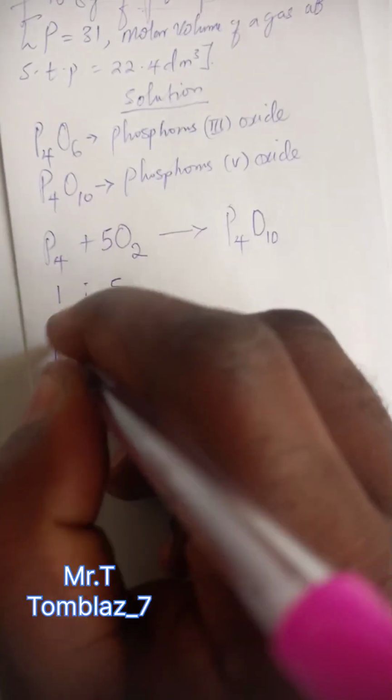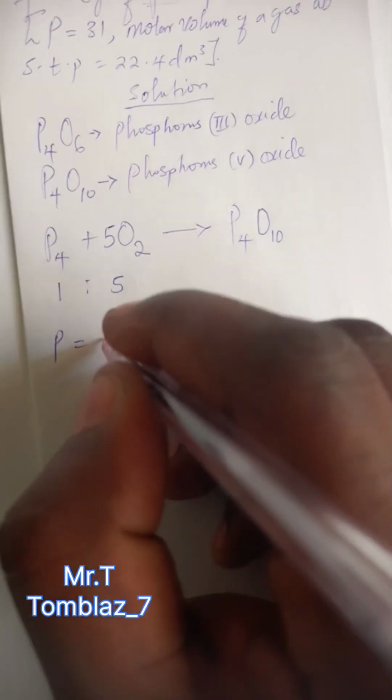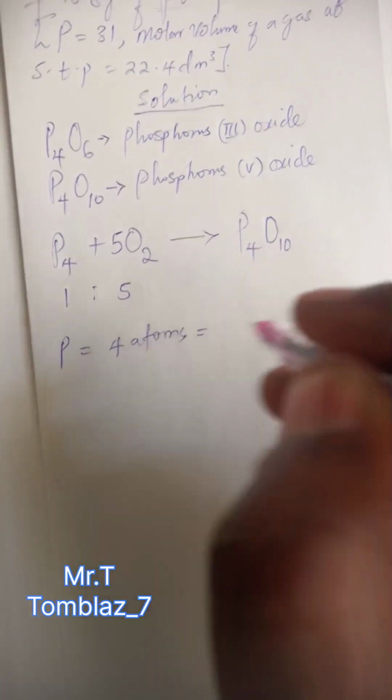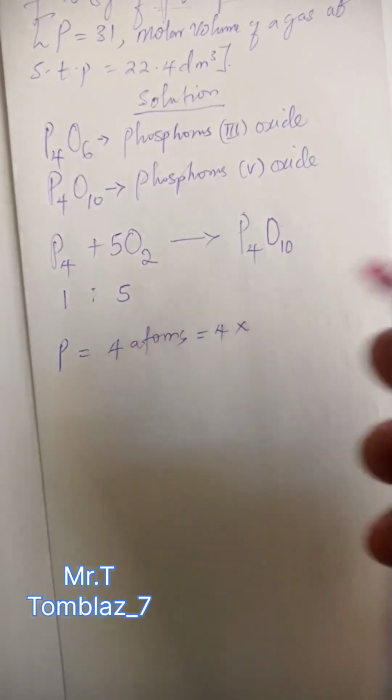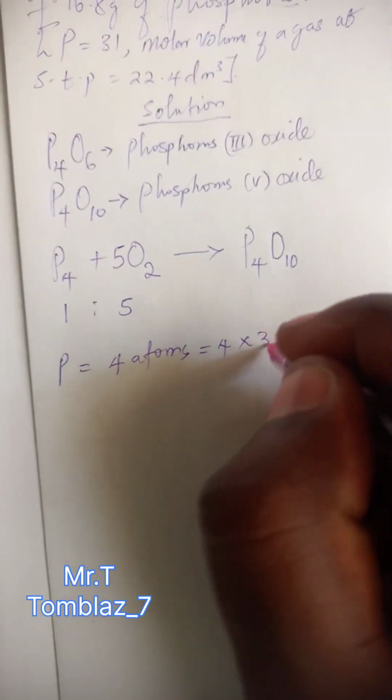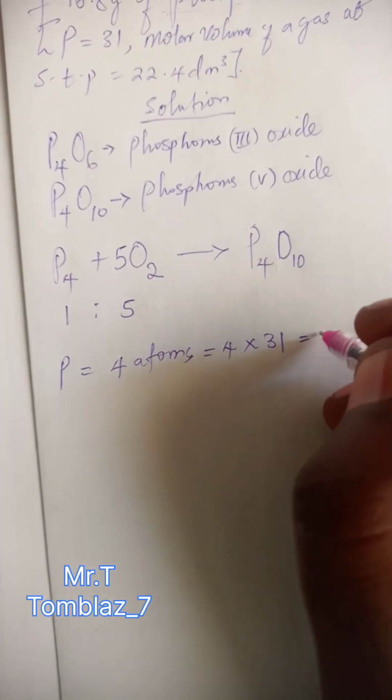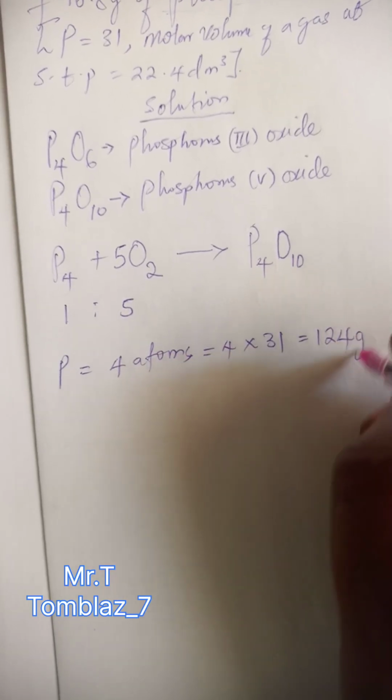The phosphorus here has how many atoms? Phosphorus here has 4 atoms. And that is going to be 4 times 31, so that gives us 124 grams.